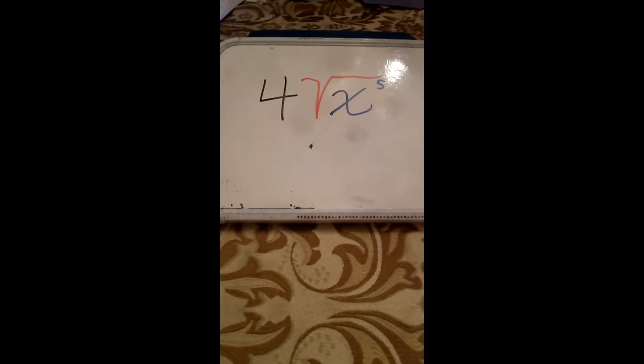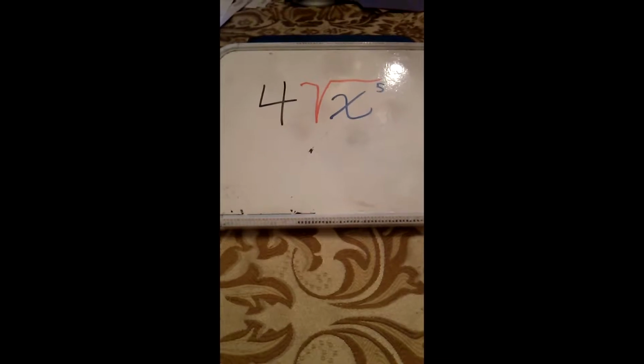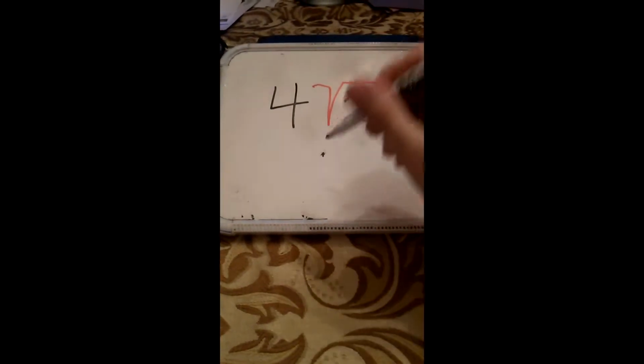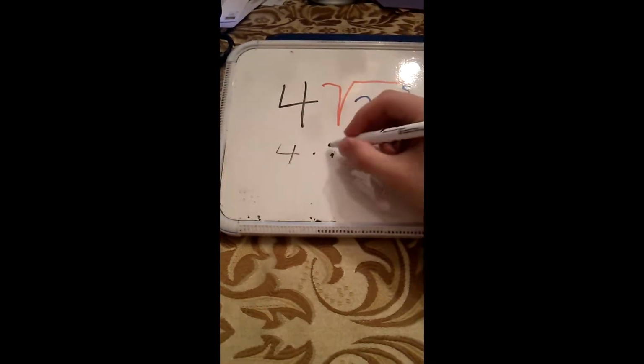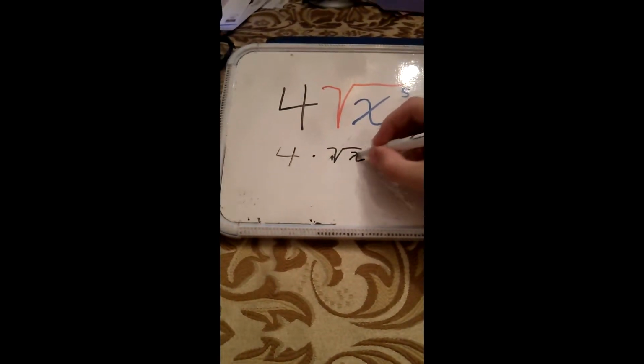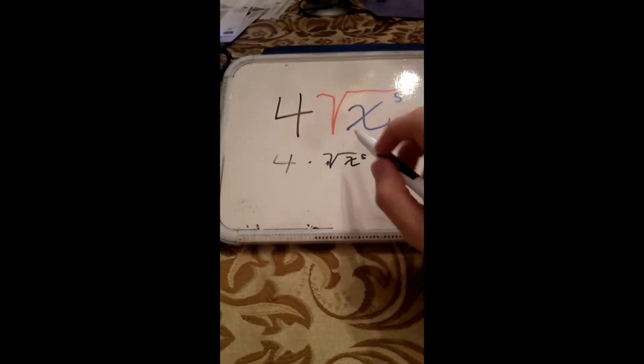Let's look at a simple radical expression, like 4 times the square root of x to the 5th. If we really break this down, it's 4 times the square root of x to the 5th. We have to treat these as two separate units.